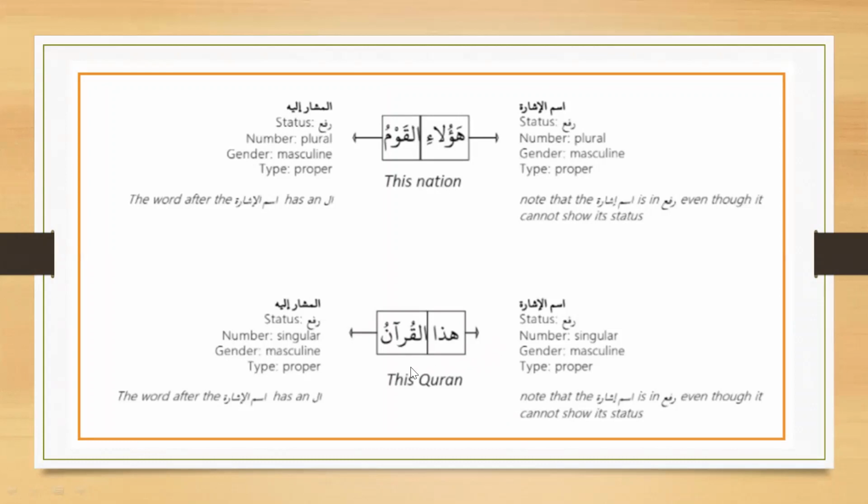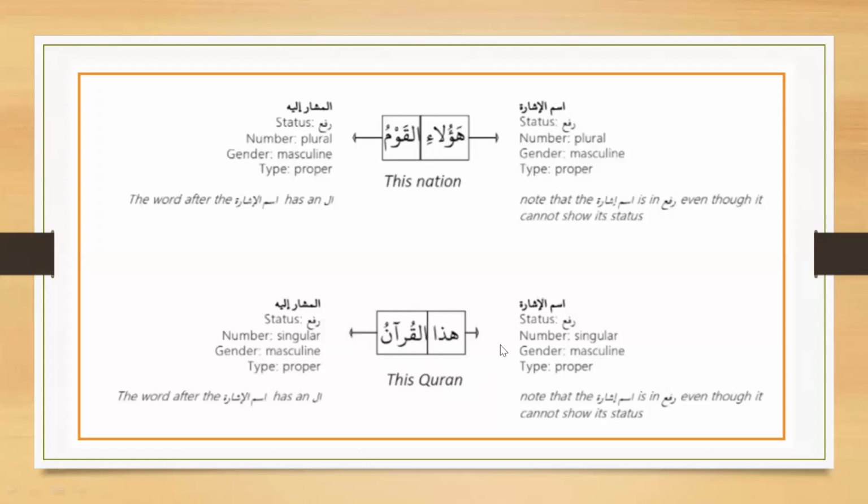In hazal Qur'anu, haza is rafa, and we know haza is singular and for masculine objects, and type is proper because it is ism ishara. And al-Quranu is rafa with dhamma. We know it's singular, and we know it's a masculine ism, and proper with al.